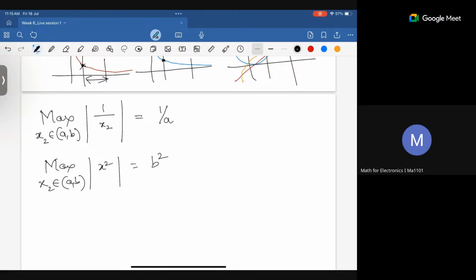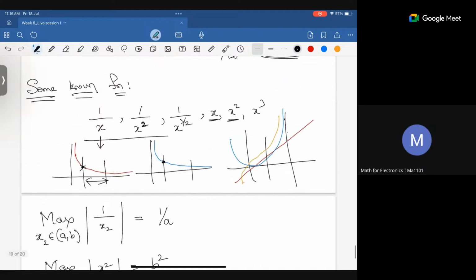So the maximum value will be attained at point b, the rightmost point. Just be careful about these kinds of expressions. If you encounter them, then our life is very easy. Either the leftmost point or the rightmost point will give the maximum value.